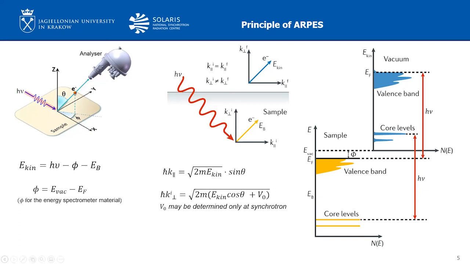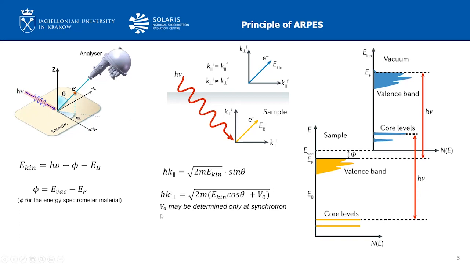However, K perpendicular can still be extracted by using the nearly free electron approximation for the final state, which is a reasonable approximation for a sufficiently high photon energy, usually tens to hundreds of electron volts.